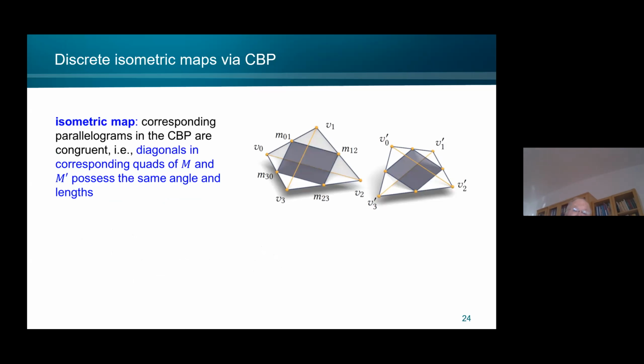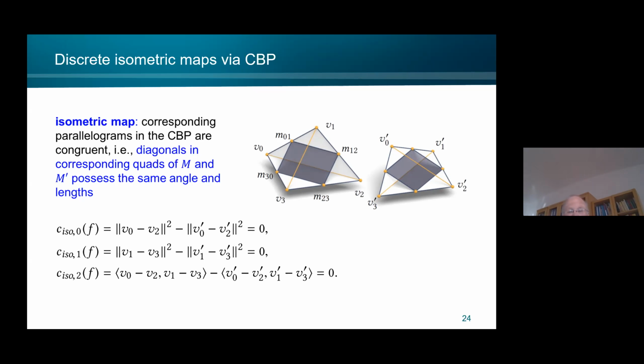Now here we can go to the special case of an isometric map, which means that these factors lambda f from before are equal to 1, corresponding parallelograms, mid-edge parallelograms are congruent to each other, and these are the constraints, quadratic constraints. So really super simple.